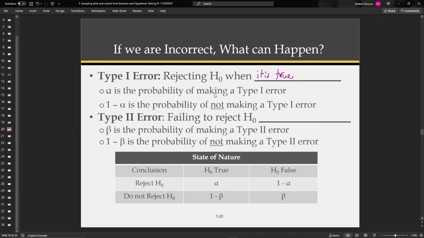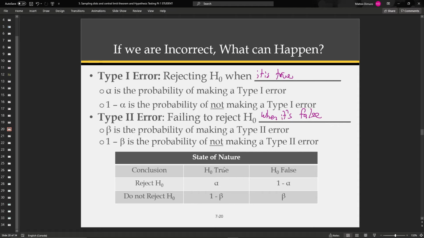Alpha is the probability of making a type 1 error. So when we use an alpha value of 5%, we're saying there's a 5% chance that we're going to make a type 1 error, rejecting the H0 when it's actually true. A type 2 error is the opposite. It's failing to reject H0 when it's actually false. This is just for your general understanding, and it could come up in a theory question.